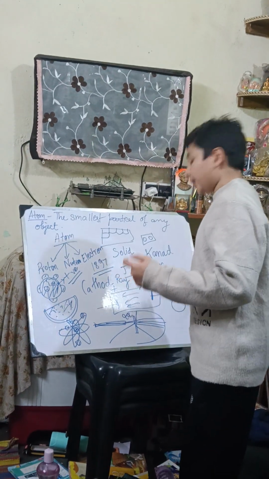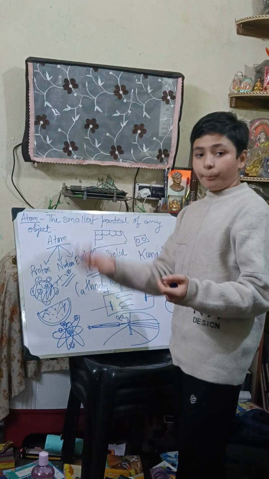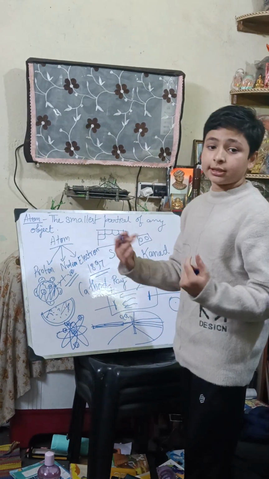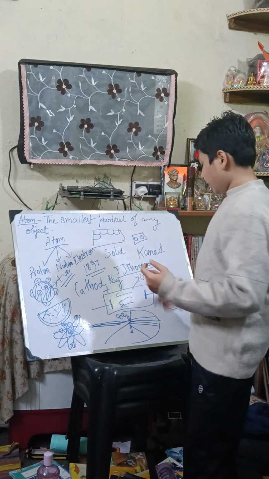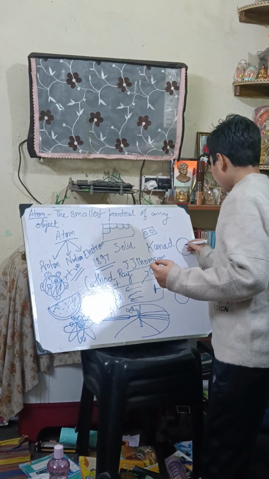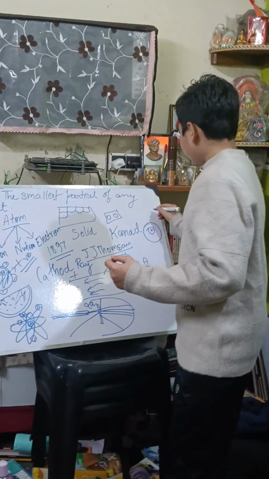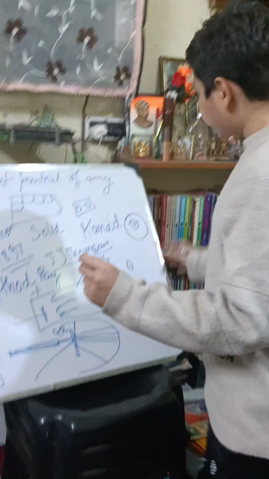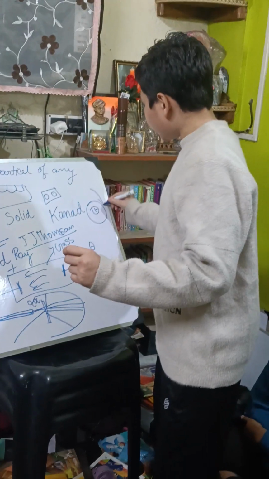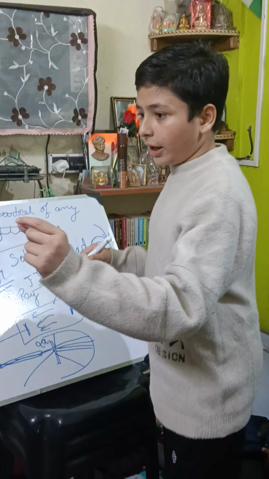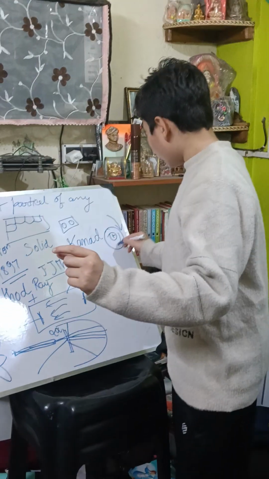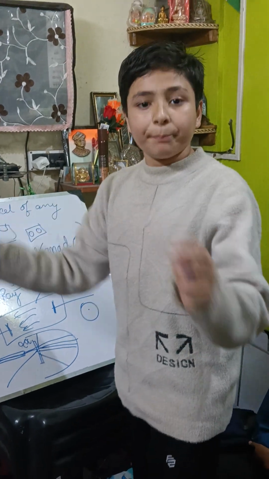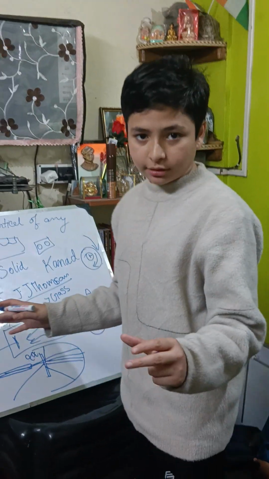Then came Rutherford's student, Bohr. This Bohr's structure is what we learn now. He discovered that if there is a plus sign and the velocity is more, then the positive and negative will merge and there will be a big explosion.